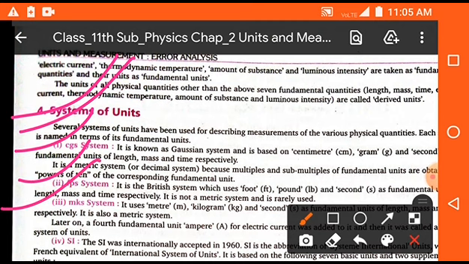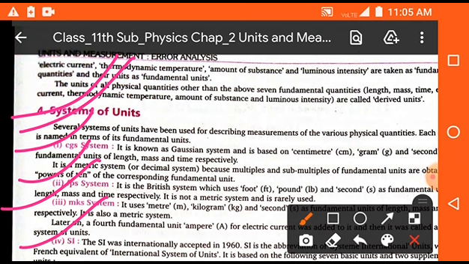In the same way, in the FPS system, we consider mass in pound, length in foot and time in second. In the same way, in the MKS system, we consider mass in kilogram, length in meter, and time in second.